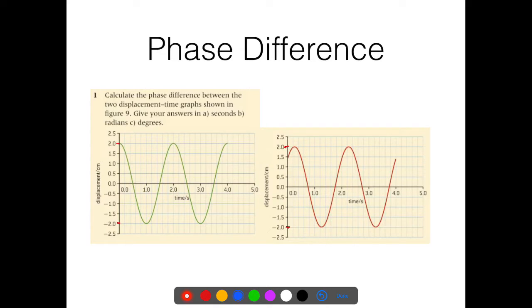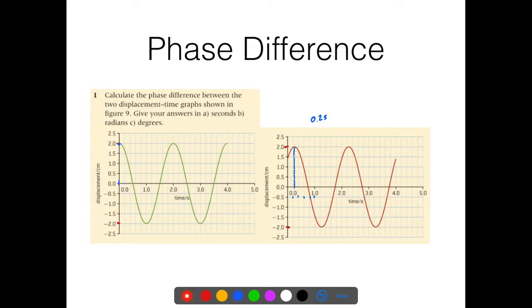So let's find out what the phase difference is. This one is at 0, and then this one, the maximum here, is right there. Now, we are reading it off a graph, which means there is some estimation involved. There's 1, 2, 3, 4, 5 marks between 0 and 1, so each one of those marks is going to be 0.2 seconds.